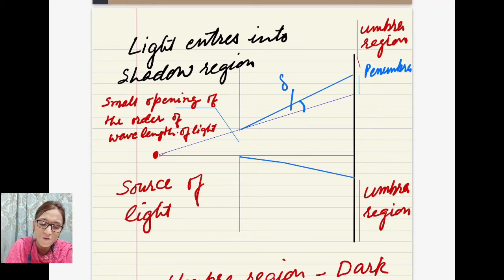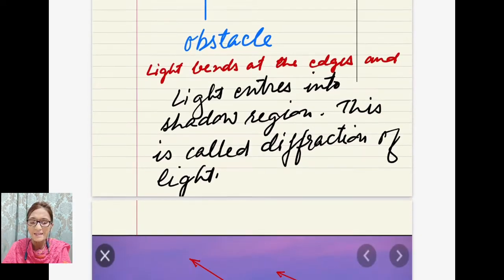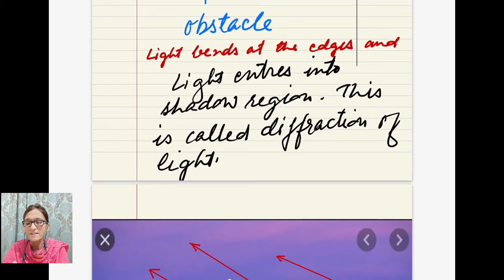Here you have a wavefront created at this point, and you will find that at each point of this wavefront you have a secondary source, and this secondary source is emanating secondary wavelets in all directions. Huygens principle can explain the bending of rays of light at edges. And this bending of rays of light at edges is called diffraction of light.